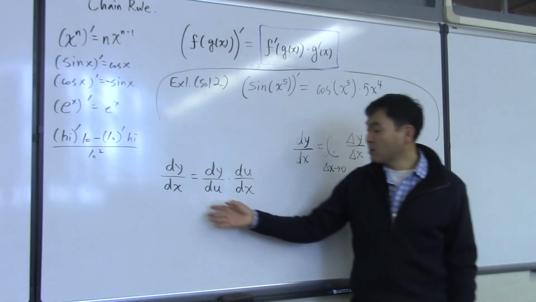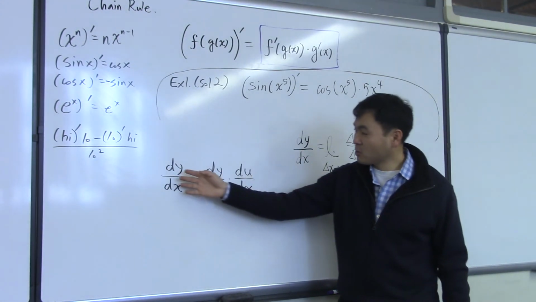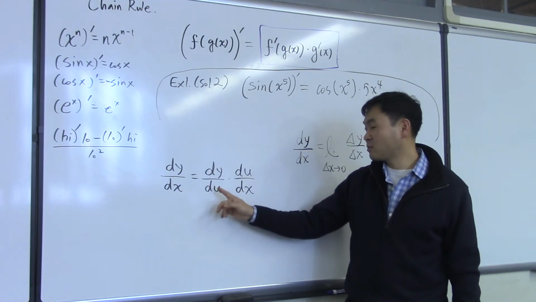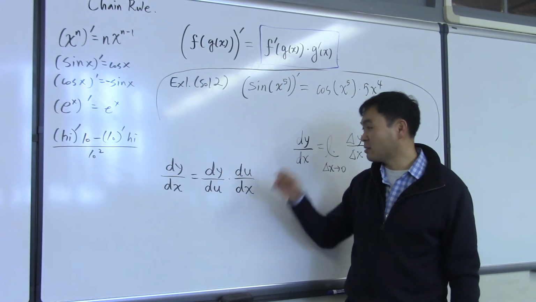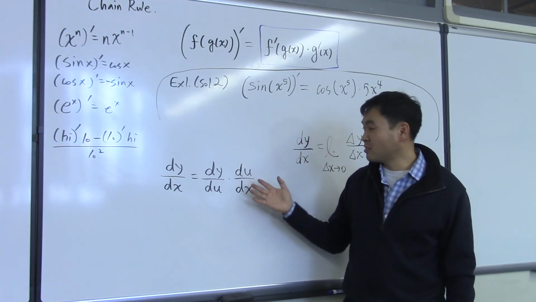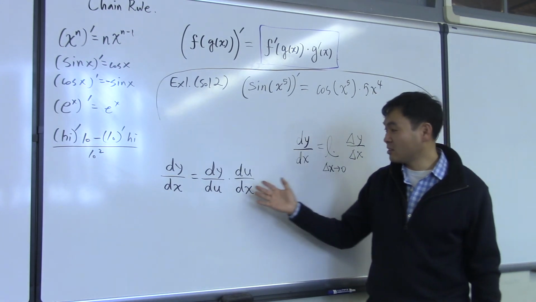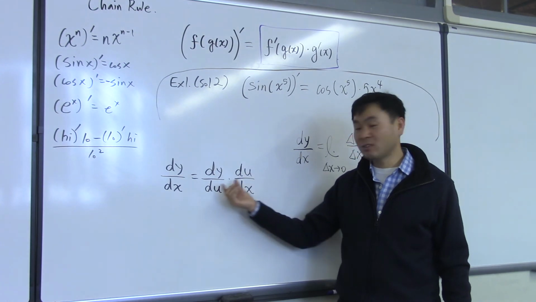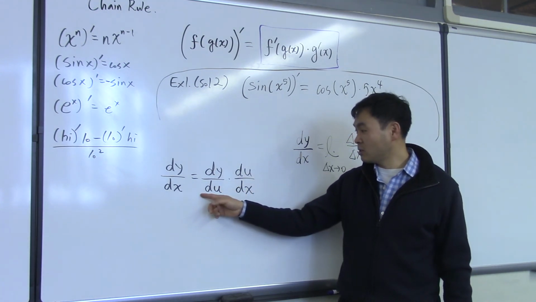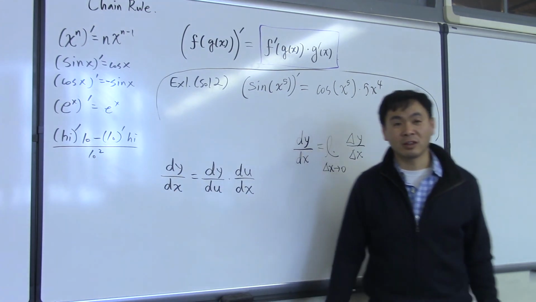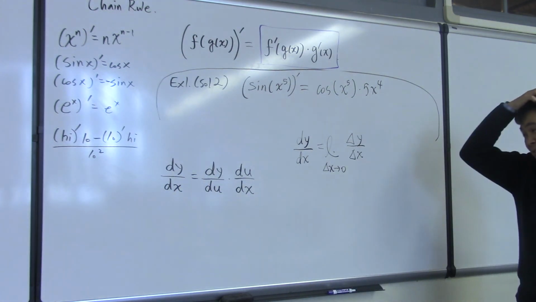And therefore, although I made this cryptic proof that you can think of these as fractions and you can just divide them, that kind of logic is not totally meaningless. It does have some meaning. These are ratios of infinitesimal quantities, so you can just cancel them and say this is true. Okay? So that's a very rough idea of the proof.